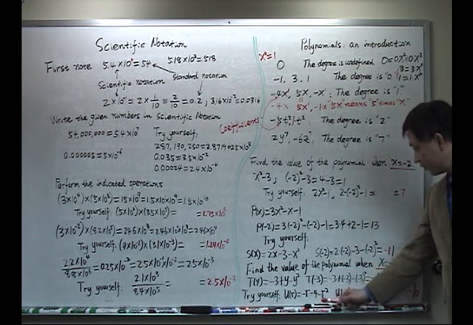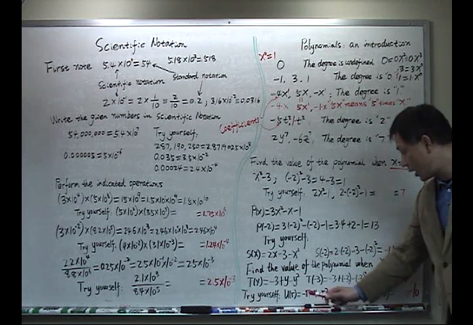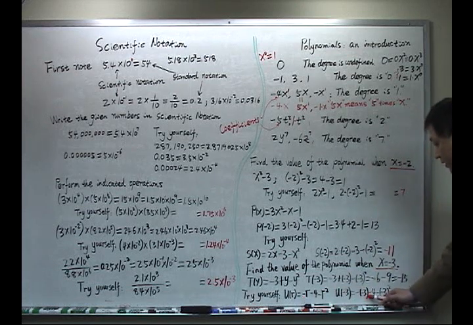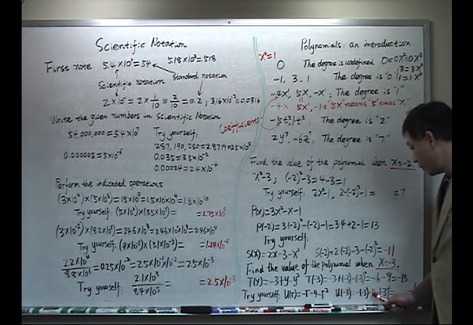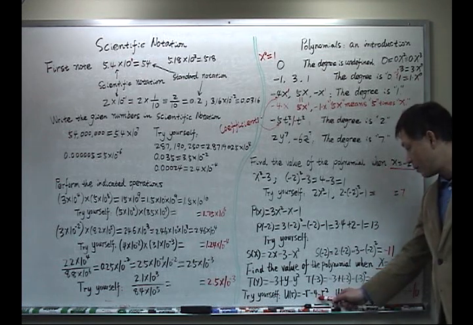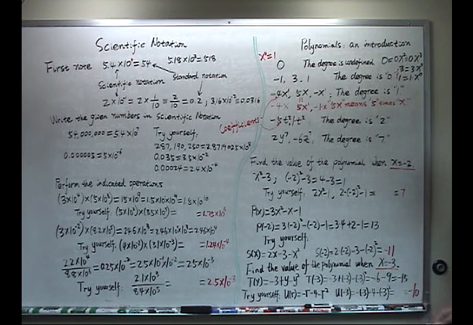Replace R with negative 3. So it was negative R, R replaced with negative 3. So you should have negative negative 3, you have a positive 3. Minus 4, you copy it. And then minus R squared, R replaced by negative 3.